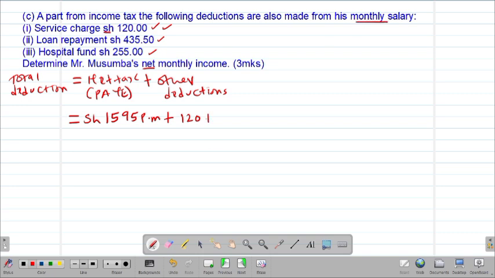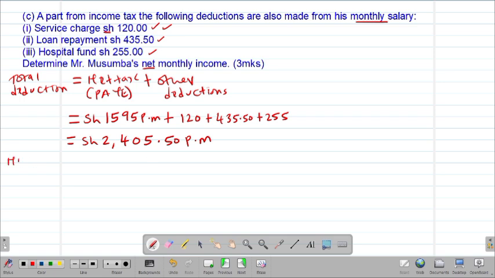Then plus loan repayment of 435 and 50 cents, then plus hospital fund of 255 shillings. So you take 1,595 plus 120 plus 435 and 50 cents, then plus 255. Your calculator is going to give you a total of 2,405 and 50 cents shillings per month.